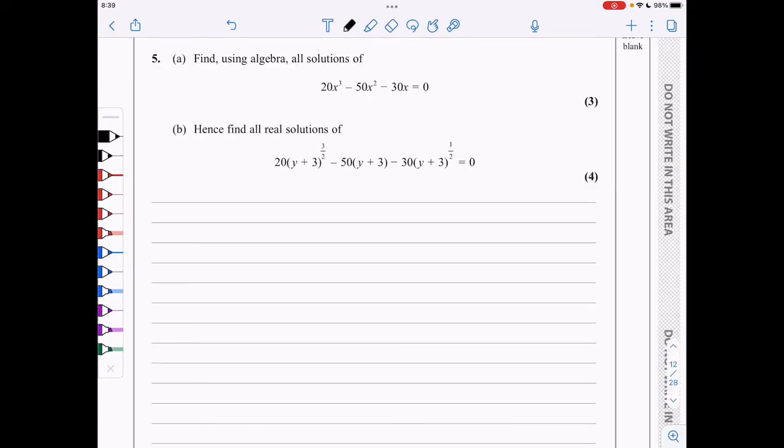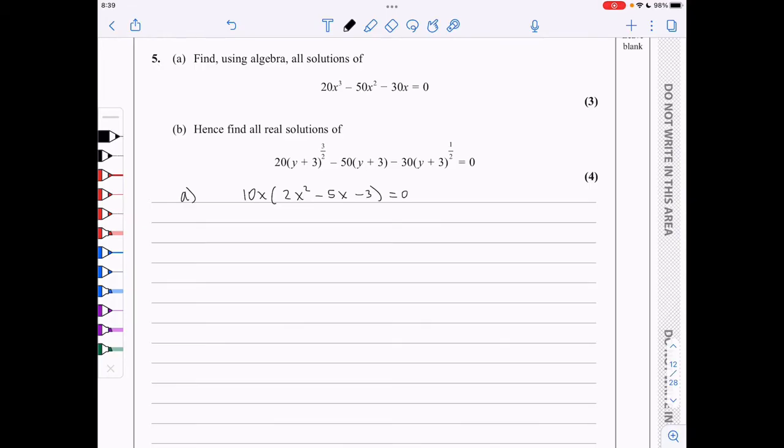In question 5, part A, we need to use algebra to find all solutions of the equation shown here. I will start by factoring out 10x, and I'm left with 2x squared minus 5x minus 3.